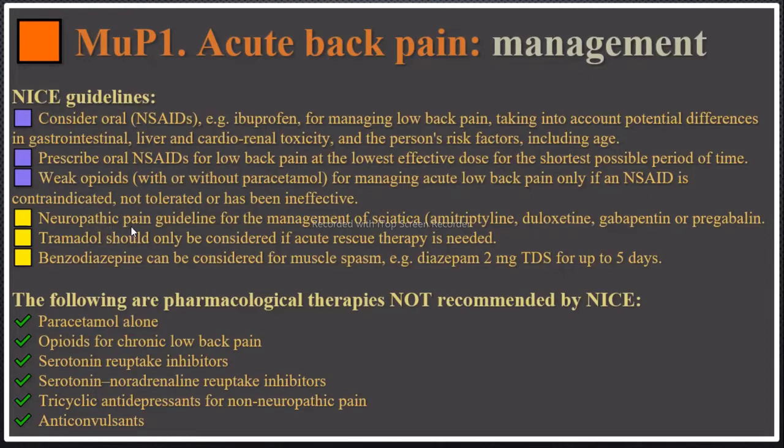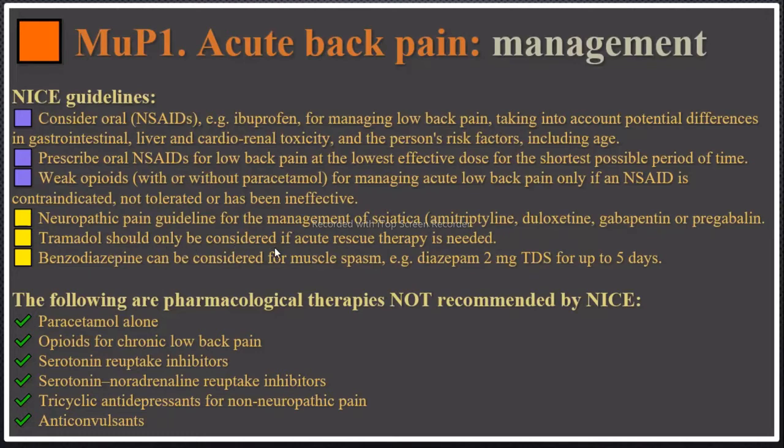Neuropathic pain guideline for the management of sciatica. If they mention the patient has neuropathic pain, what is the treatment? Amitriptyline, duloxetine, gabapentin, pregabalin. Any of them, if you find it, choose. What about tramadol?